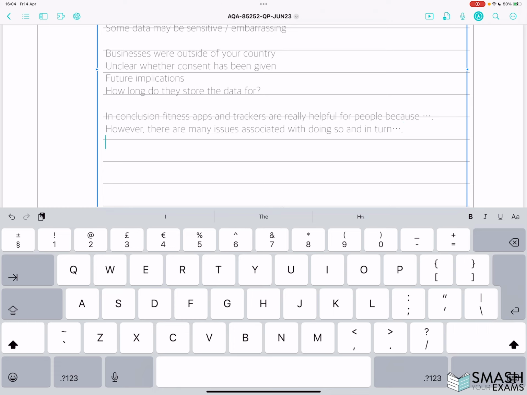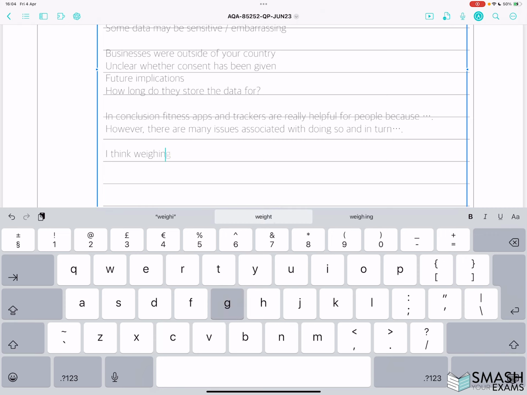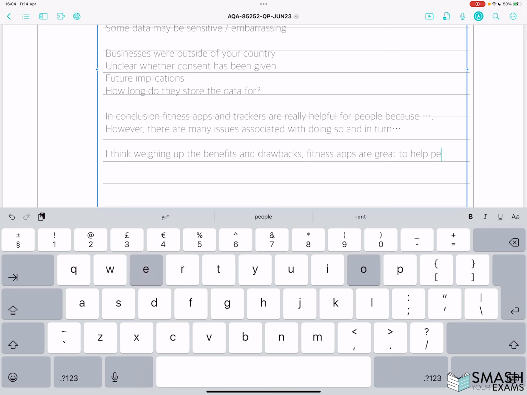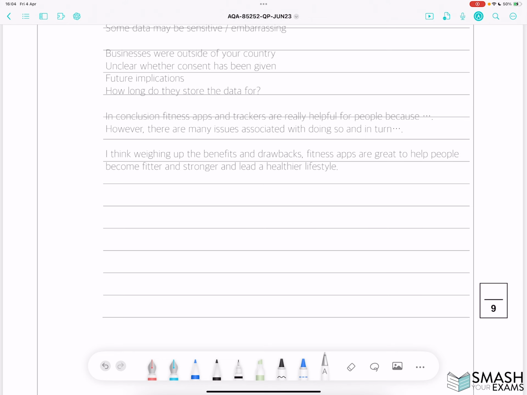Okay, and then you can give your final answer. I think overall, weighing up the benefits and drawbacks, fitness apps are great to help people become fitter and stronger and lead a healthier life or something. Okay, I'm just coming up with it off the top of my head.